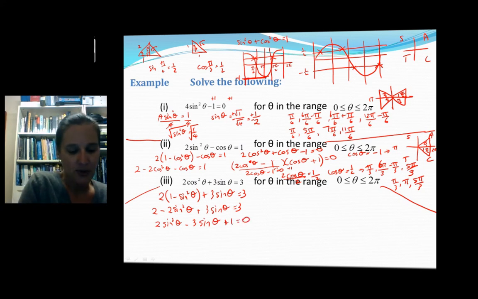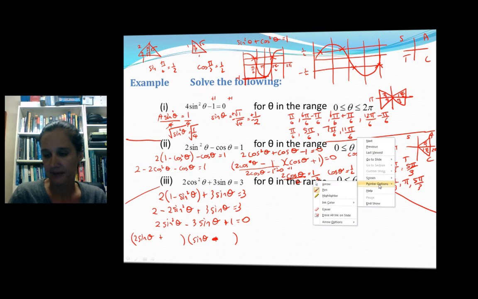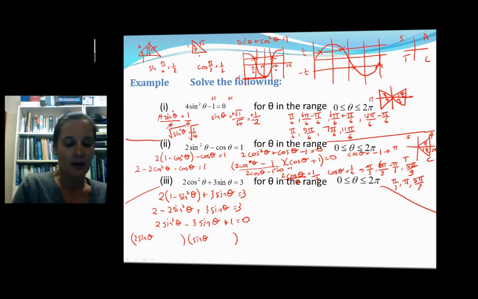So now we work through this. To get our 2 sine squared theta, we're going to have 2 sine theta multiplied by sine of theta. We notice we've got a negative here and a positive here, so both of these must be negative. Looking at the end, we have a positive, and a negative times a negative is equal to a positive, so these must both be negatives.